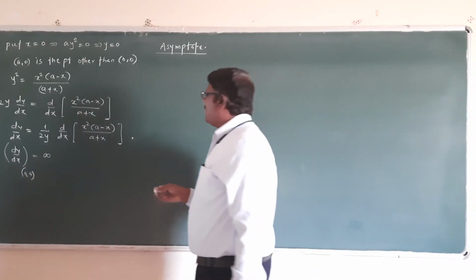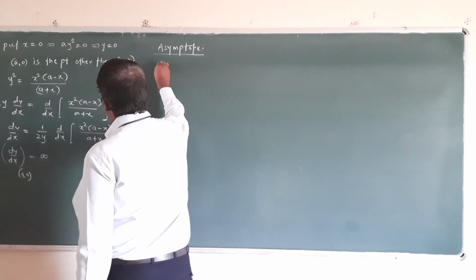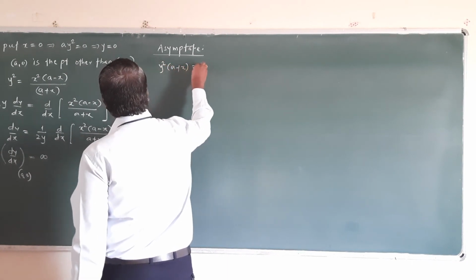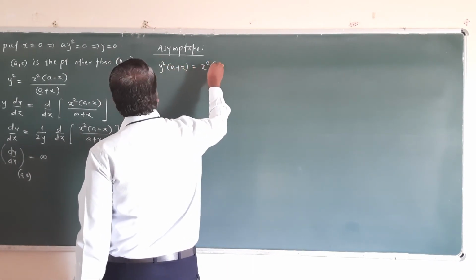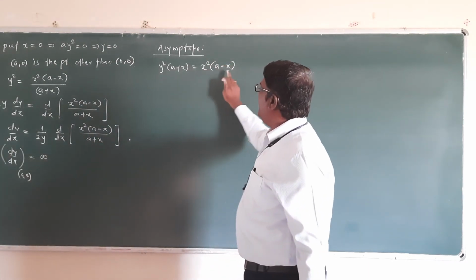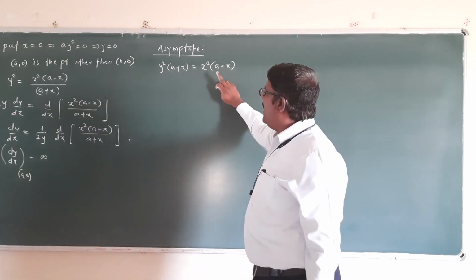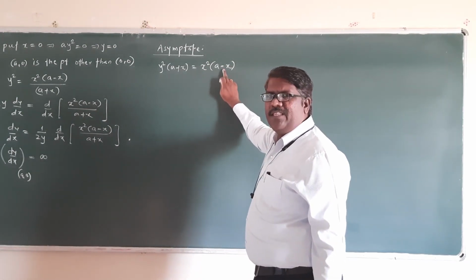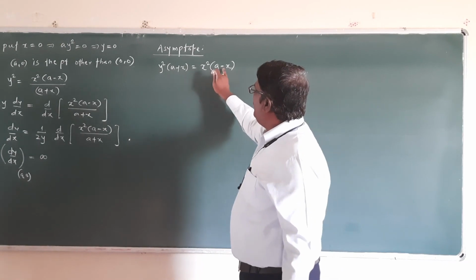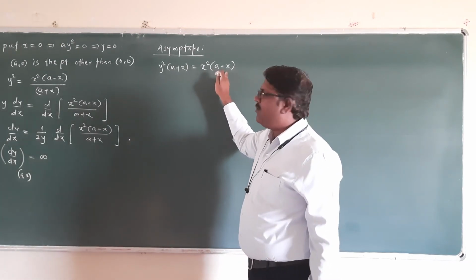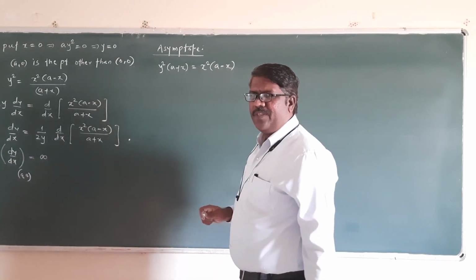Now here from the given equation, I will write the equation y square into a plus x is equal to x square into a minus x. Now here if I multiply x square inside this bracket, then highest power will be 3, but its coefficient is minus 1, and therefore as coefficient of highest power of x is constant, asymptote parallel to x-axis is absent.